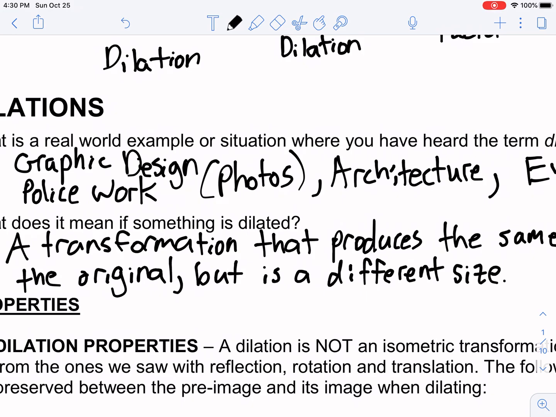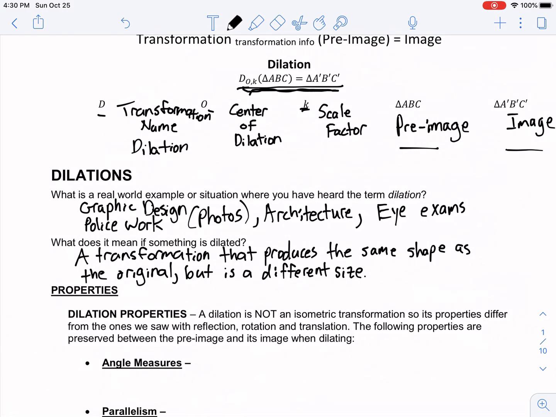In other words, we maintain the shape of the image, but not necessarily its size. It could get bigger or it could get smaller.